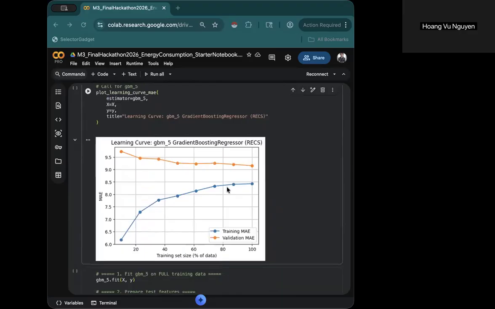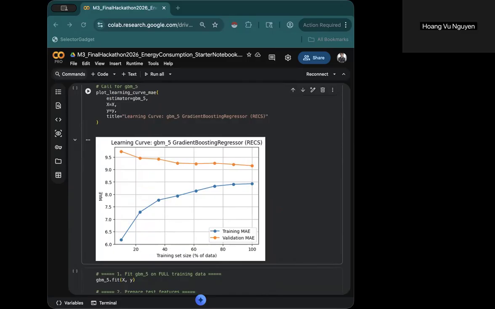The final GBM model has a very low MAE compared to other models, and the learning curve depicts that this model learns our data the best out of all the current models.